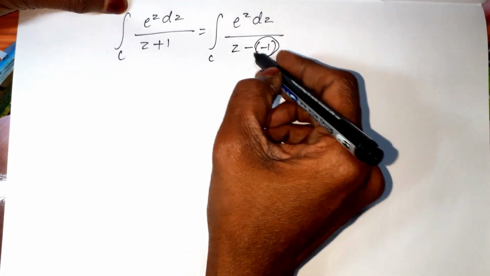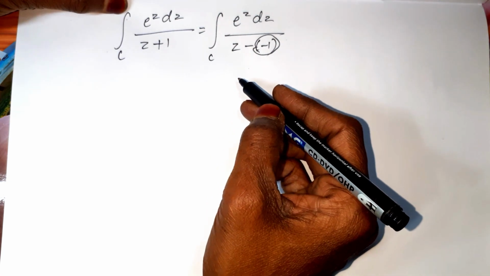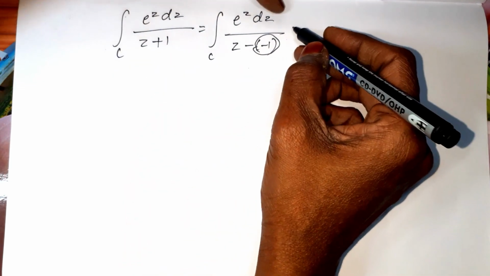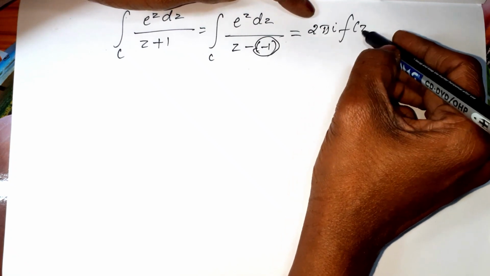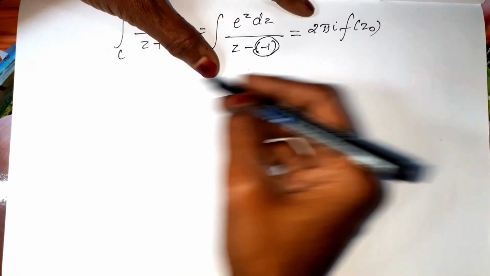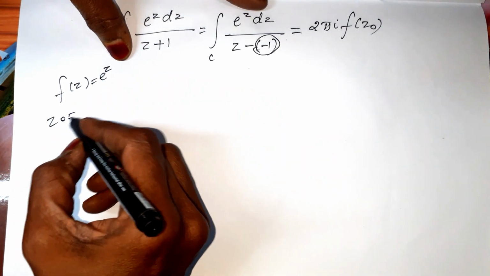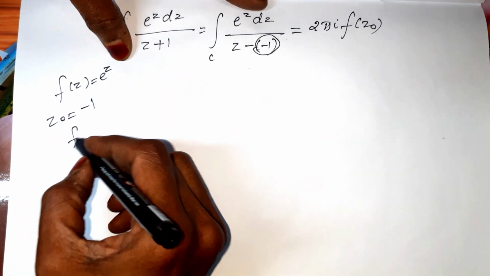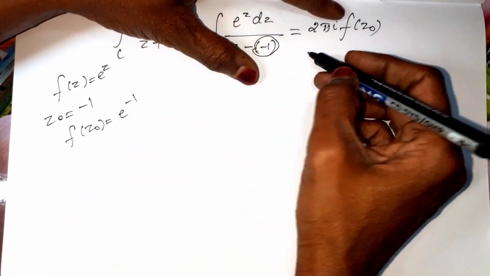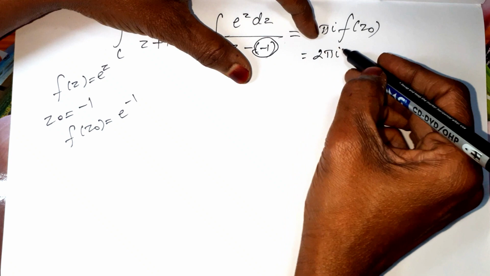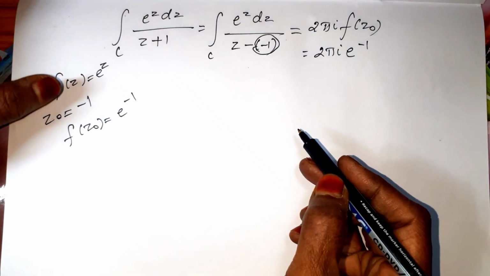Already we know that this minus 1 is also a point lying inside our curve C. So using the Cauchy integral formula, this integration is equal to 2 pi I into f of Z0. What is f of z? E power z. Here z naught is equal to minus 1. Therefore f of z naught is equal to e power minus 1, which gives 2 pi I into e power minus 1. This is my second integration.